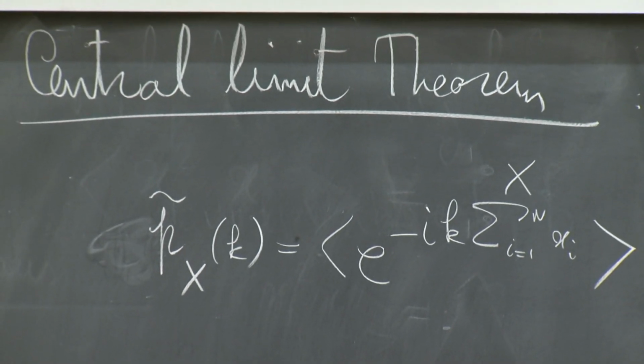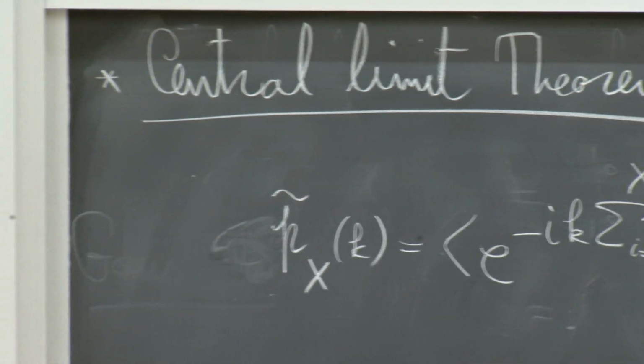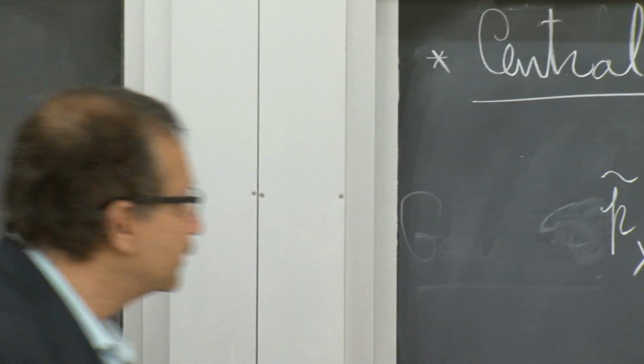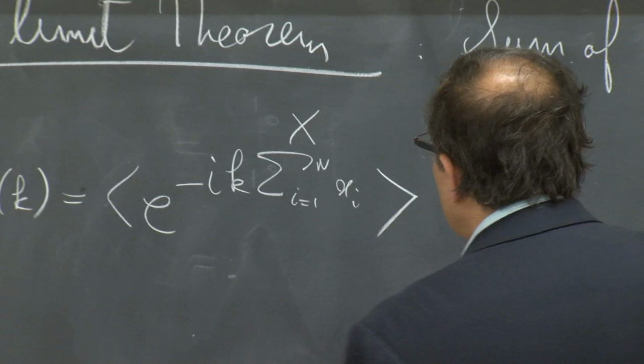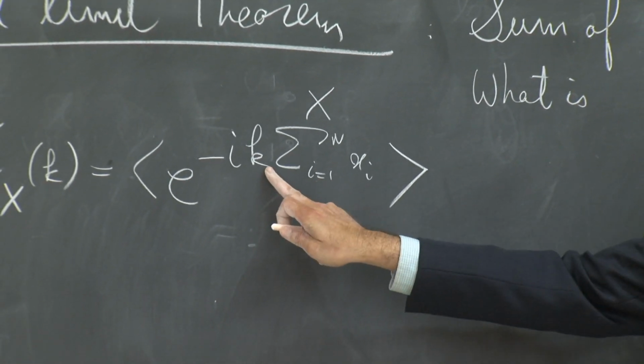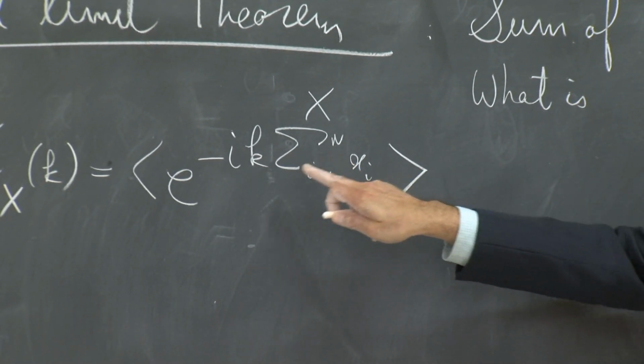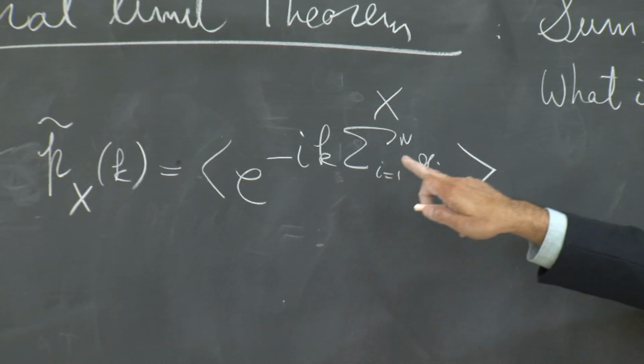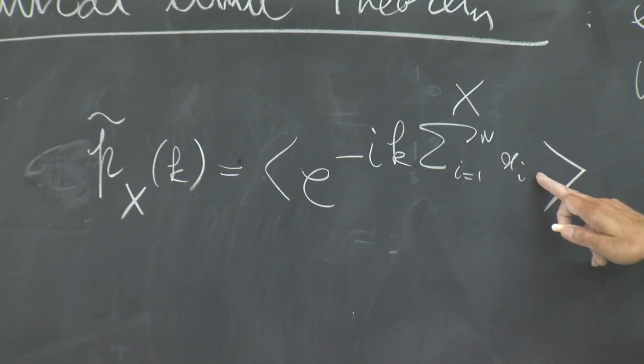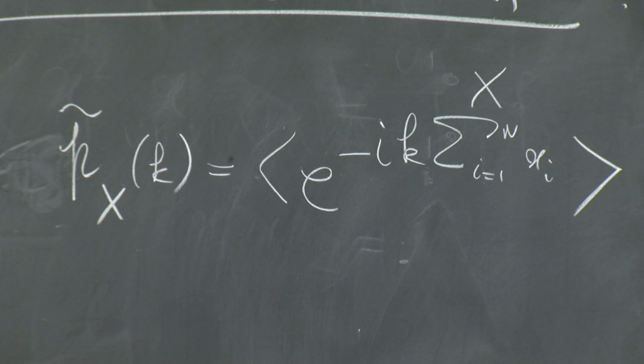Okay, do I have that definition somewhere? I erased it. Basically, what is this? If this k was in fact different k's, if I had a k1 multiplying x1, k2 multiplying x2, that would be the definition of the joint characteristic function for this joint probability distribution.